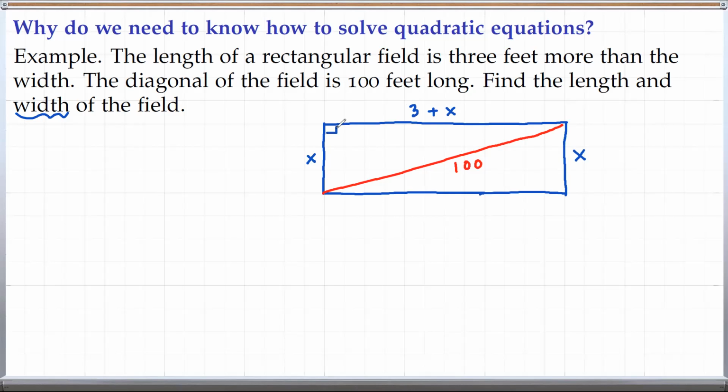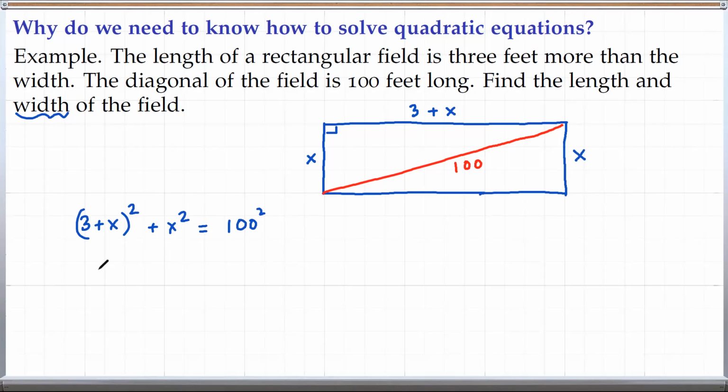So if you look at this triangle here, this is a right angle triangle. So we can use the Pythagorean theorem, which means the sum of squares of the two smaller sides will be the square of the longer side, the diagonal in this case. So we get an equation like this one.